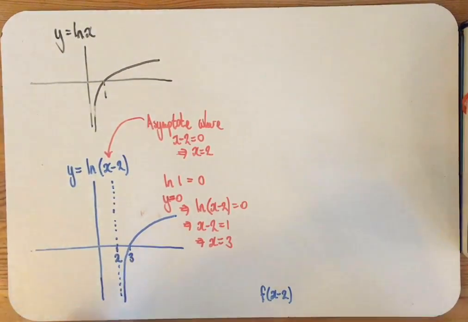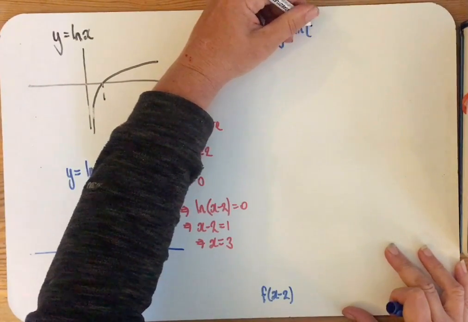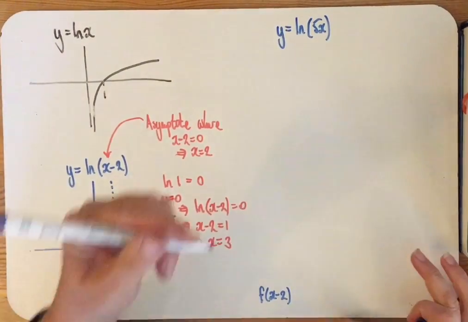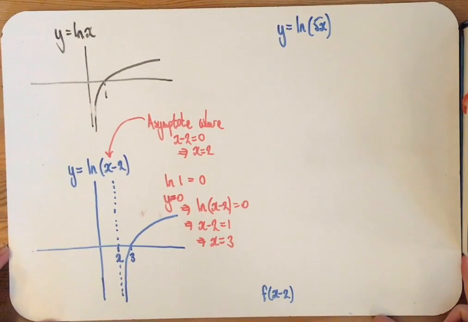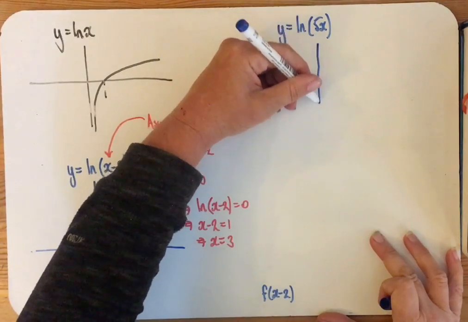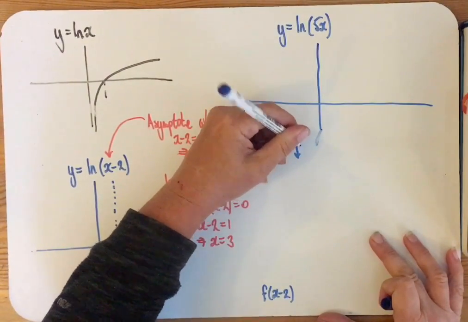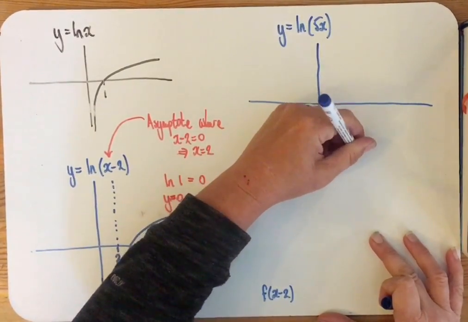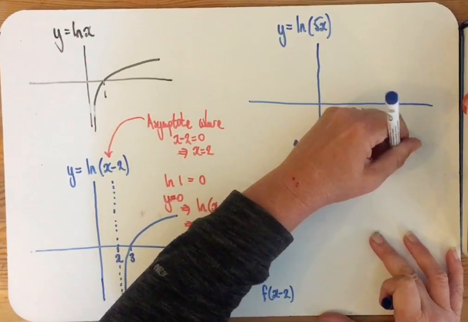I'll do one more. So we've got y equals ln of 5x. So that's a stretch scale factor 1/5 in the x-axis. And if you're happy with that, you can pretty much just draw it. But otherwise, to get the vertical asymptote, 5x equals 0, x equals 0.